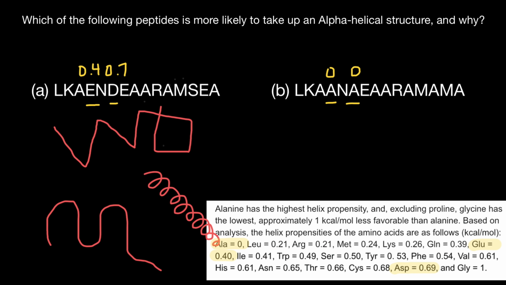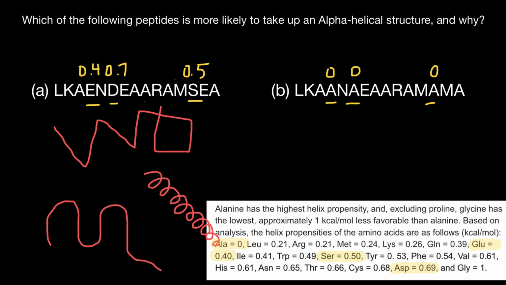Now let's continue comparing these two polypeptide chains: EAA, EAA, RAM, RAM, and here we have S. S stands for serine, which in our table is 0.5. So let's also put 0.5 here. And in polypeptide chain B, we have here alanine again, which is 0.